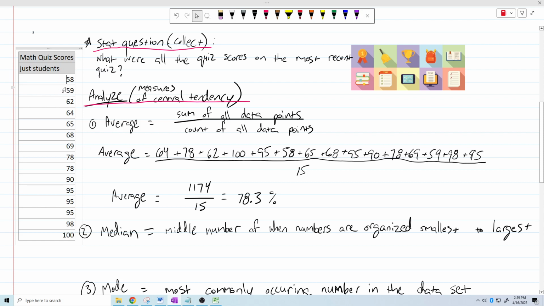I got 1, 2, 3, 4, 5, 6, 7. Okay, I got 7 here. So remember that. Actually, I'll even circle it here just to remind myself. All right, so that's not the middle, that's not the median, I just counted to 7.